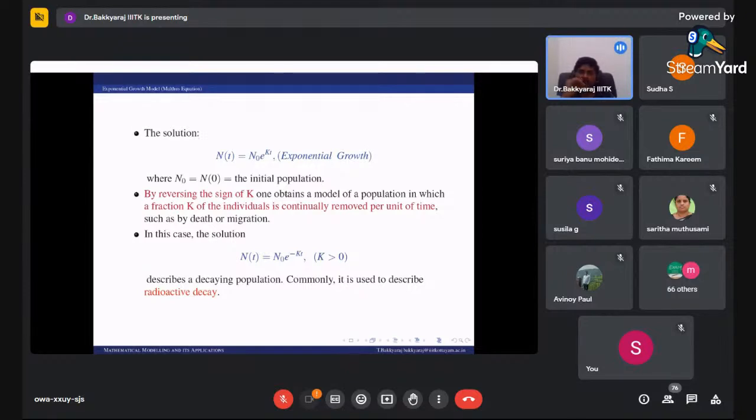Do you feel this is the correct solution? Is it a correct model for this? Is it a realistic solution or unrealistic solution? What do you think? You can ask your question.